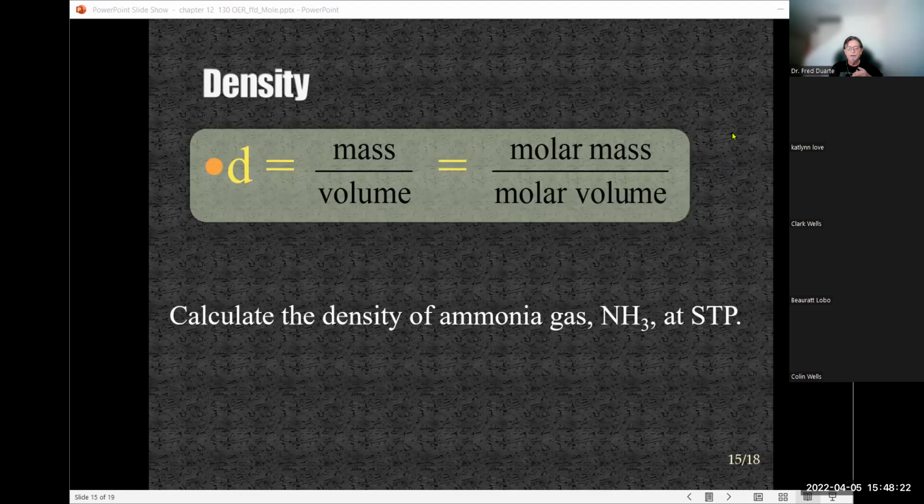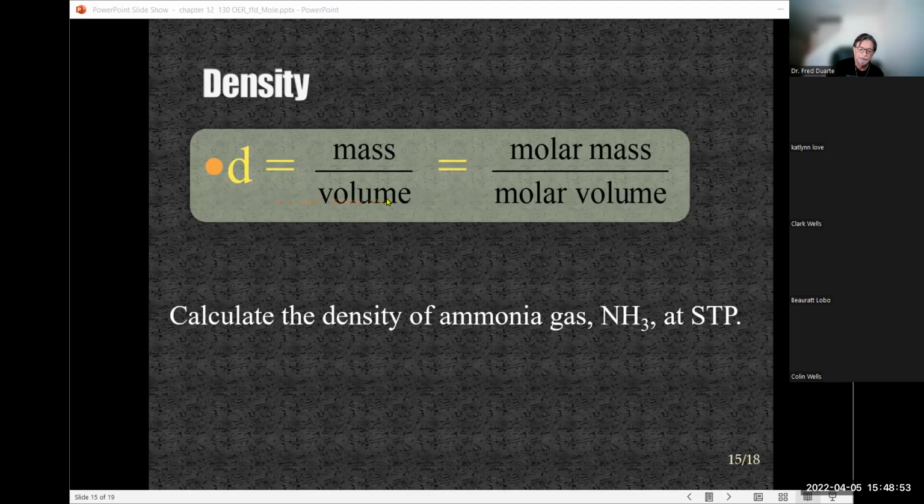Now, we can calculate or determine the density of a gas without even having to measure it. All we have to do is make sure we are at STP, 0 degrees Celsius and 1 atmosphere, okay? Because if we take the molar mass and divide it by the molar volume, we have the units of mass over volume, okay?